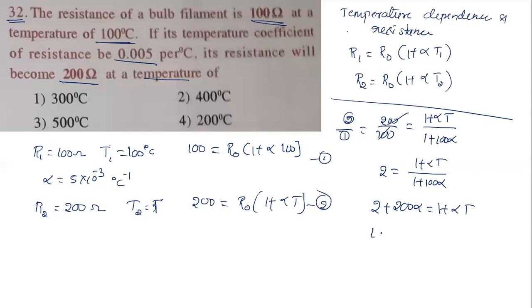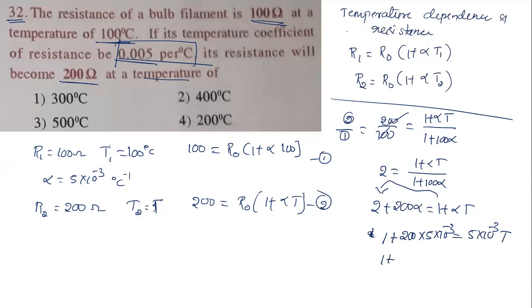Now it will become 1. Okay, so I'm going to simplify alpha, right? Alpha, I'm going to take it this side. We need to find T, and the alpha value is given to us. That is, insert the value of alpha. So it is 2, and this one will come, it will become 1 plus 200 into alpha, which is 5 into 10 power minus 3, equal to alpha T, that is 5 into 10 power minus 3 times T, because this 2 has come to this side, 2 minus 1 becomes 1.